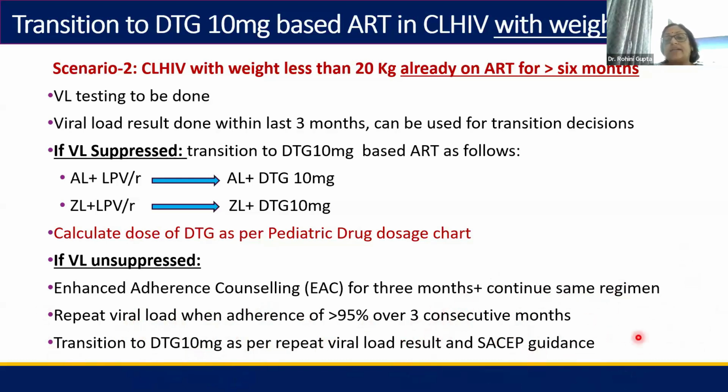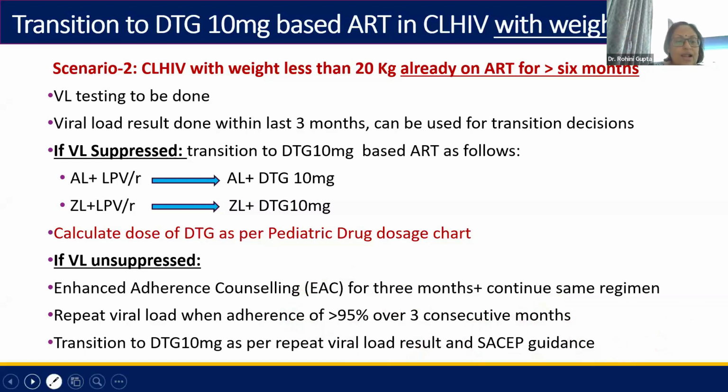Remember that in all children where the viral load is unsuppressed, after doing the enhanced adherence counseling, the repeat viral load report, a summary has to be sent to the SASIP or the pediatric COE to get opinion on what should be the next regimen. What regimen is this child going to be started on?